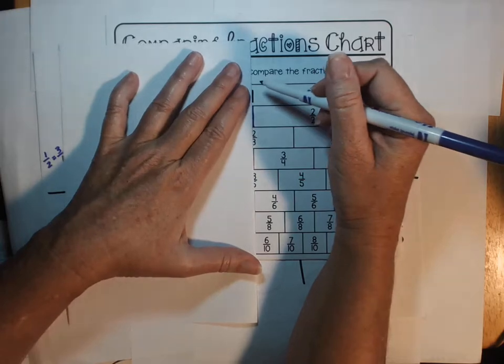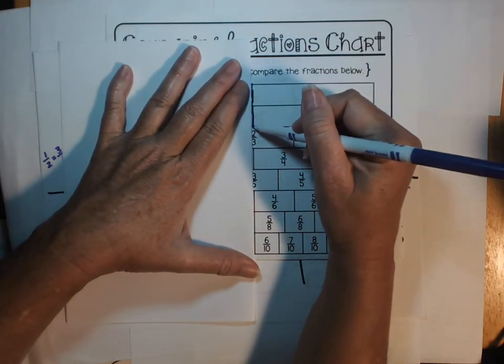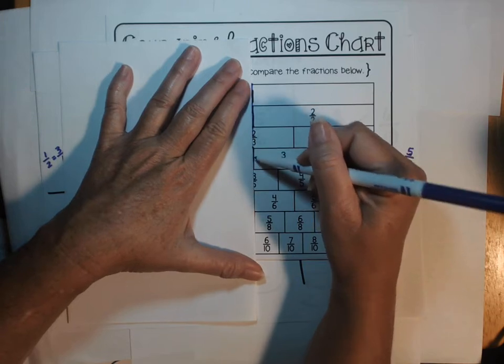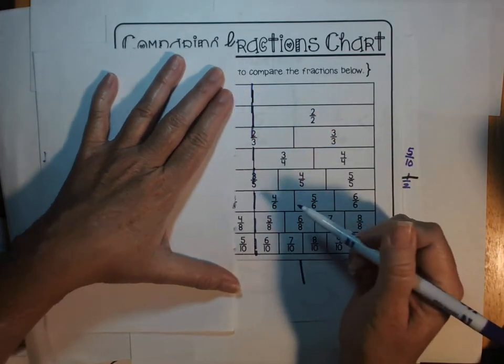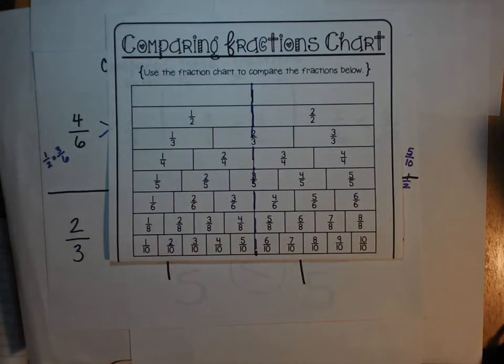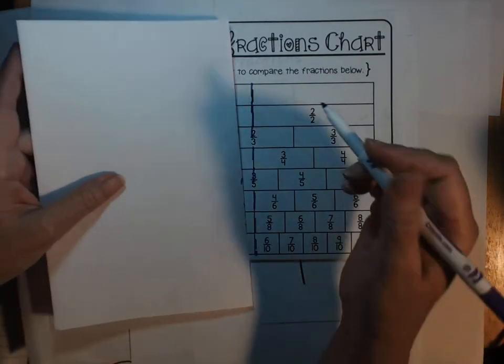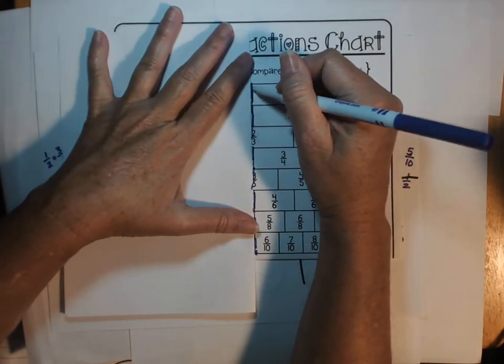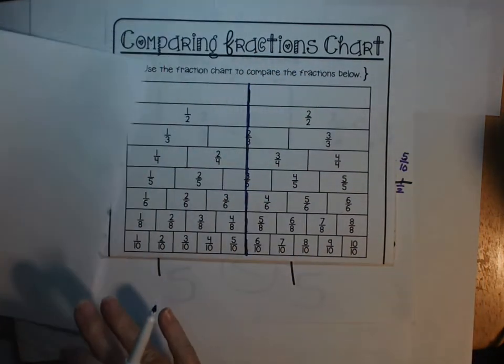So let's look at all these fractions. Make a nice thick line to show 1/2. Not very neat, but you can kind of see the point. So here's our 1/2 line. Actually, I'm just going to make that a little bit darker, so y'all can see that on the video.